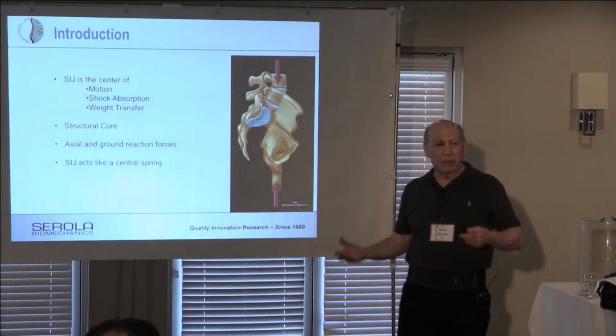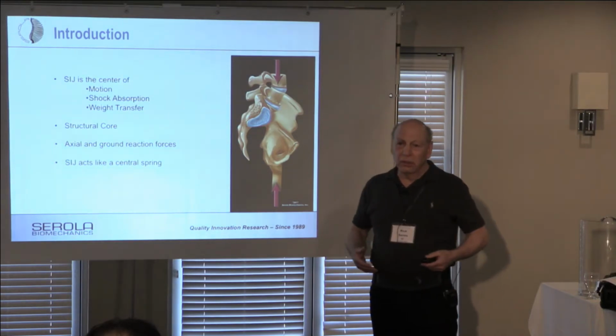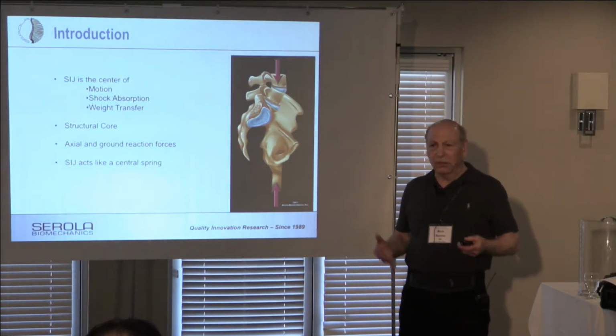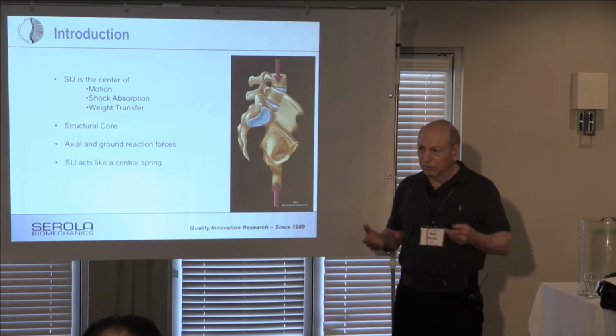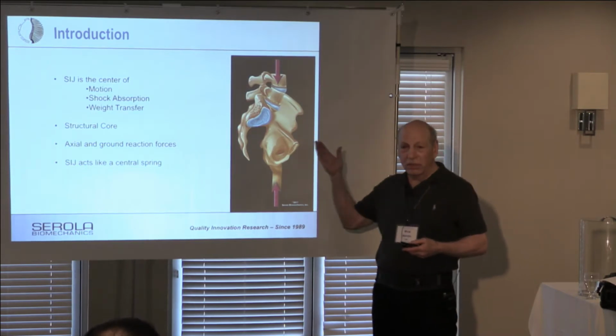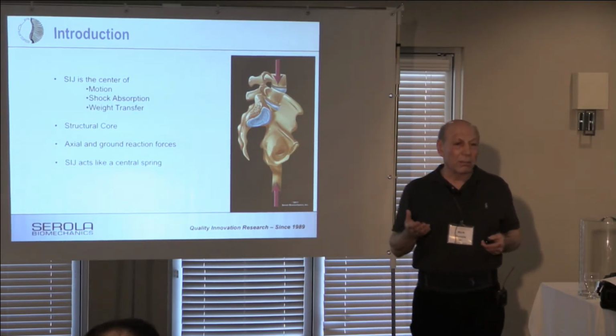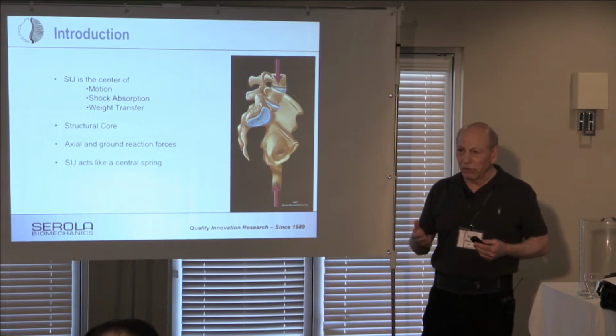And then on rebound, it externally rotates. The hips flex and extend. The sacroiliac joint goes into nutation and counternutation. The lumbar and cervical curves increase and then they flatten during rebound.